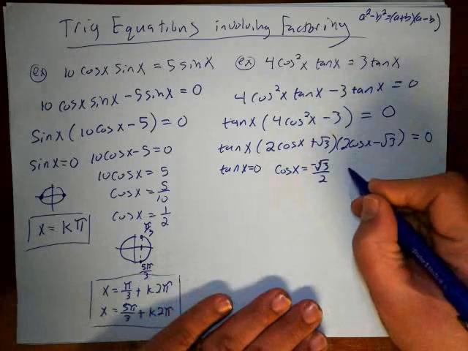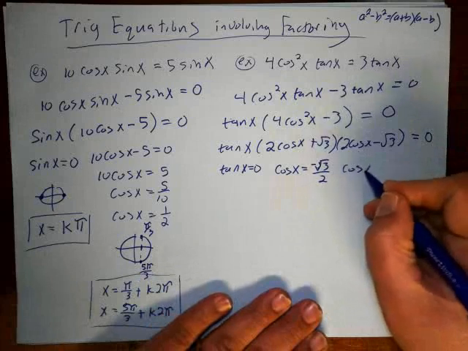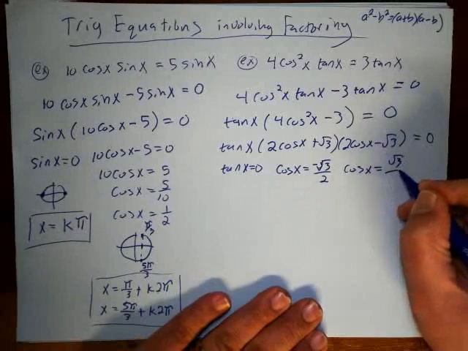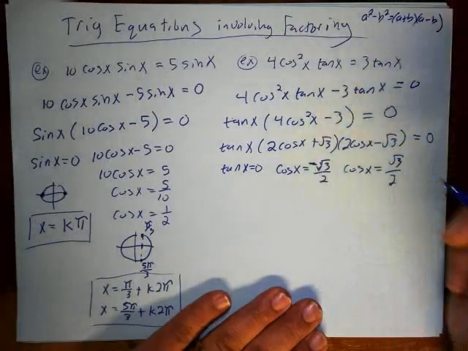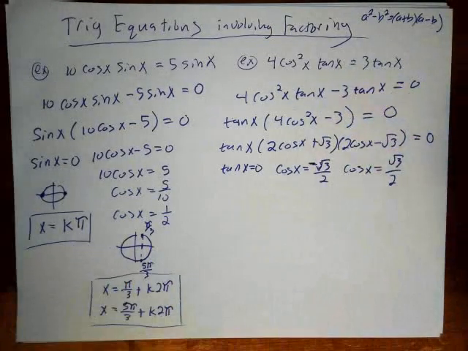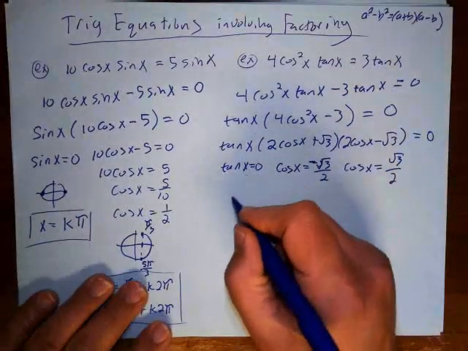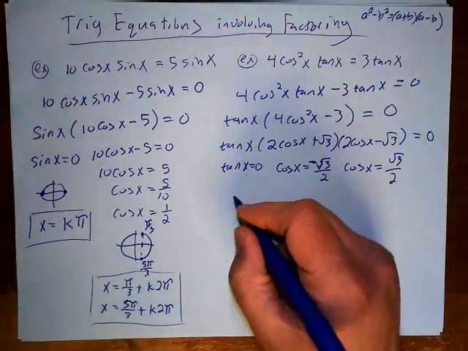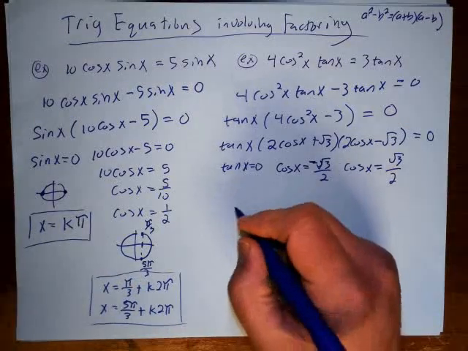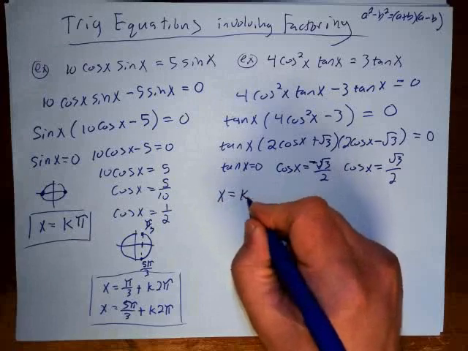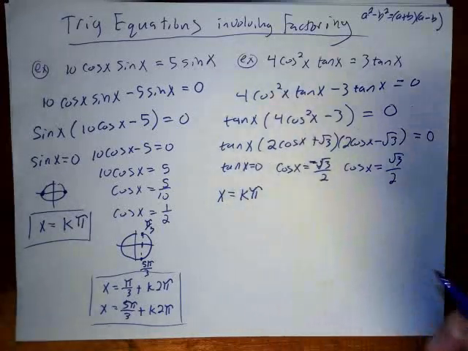And this one would be cosine x is equal to positive square root of 3 over 2. So this one is the negative there. Okay? So then you have these three. The tangent x equals 0 at 0 plus all the rotations of pi. So this could actually be simplified down into just k pi.